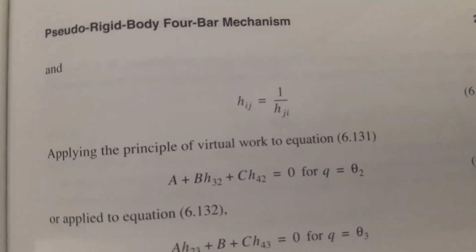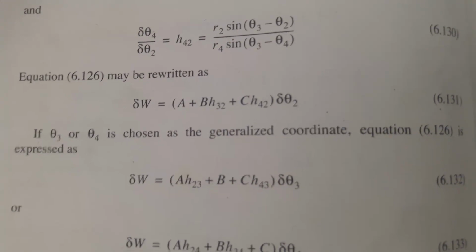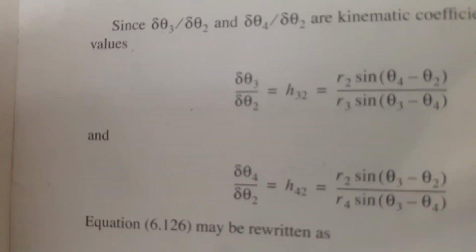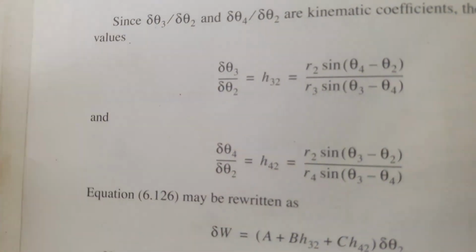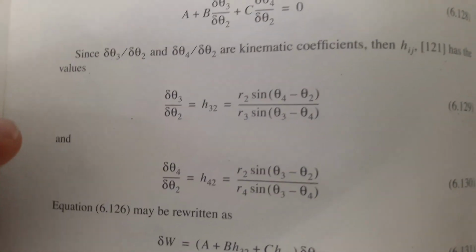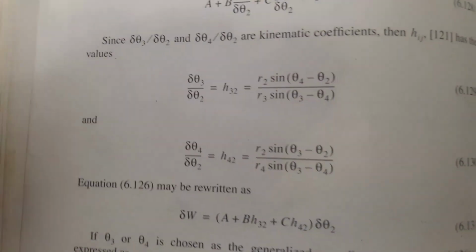So the kinematic coefficients, if I have, say, I'm interested in d theta 2, d theta 3, that's just going to be the inverse of d theta 3, d theta 2. Okay, and so they're easy enough to take the reciprocal of to change what the independent variable is.